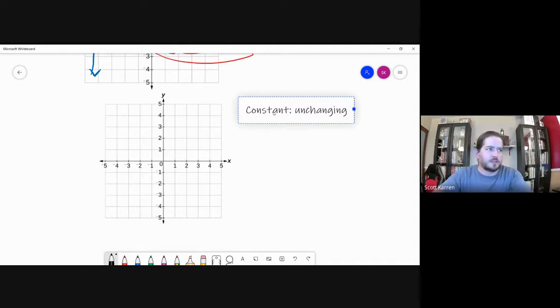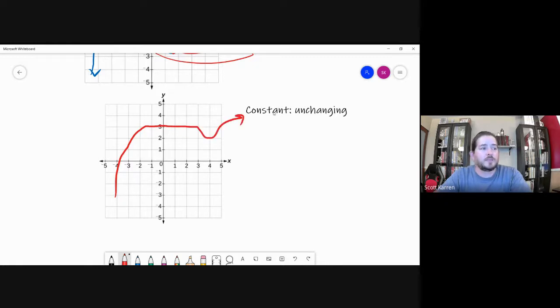You might have a graph that is constant everywhere, but you also might have something that goes constant for a minute and then does some weird stuff, right? But between these two values, this is constant to the best of my writing on a tablet abilities.